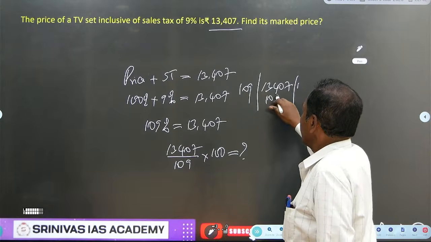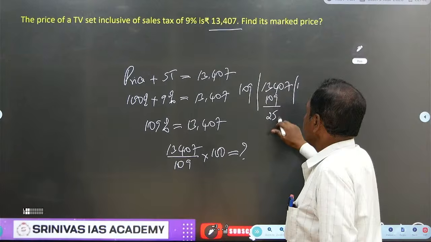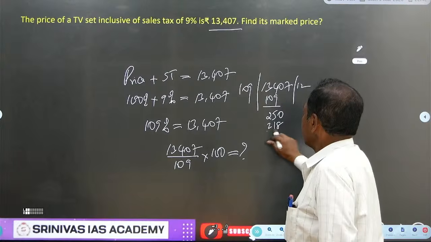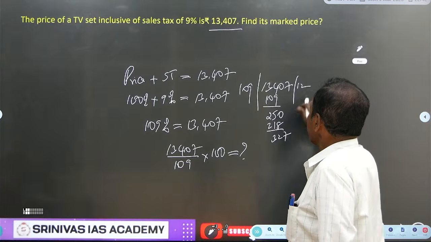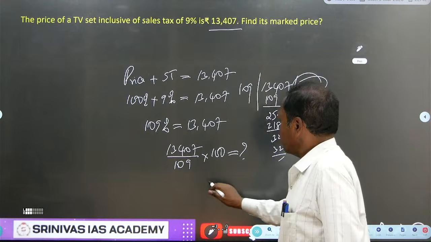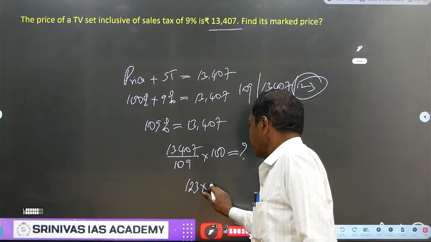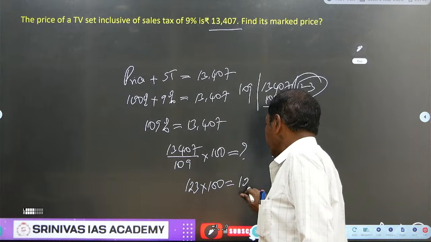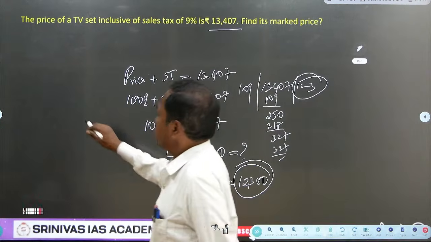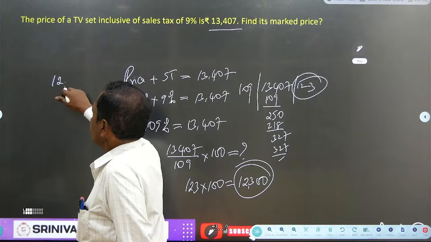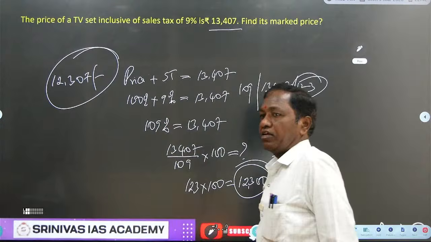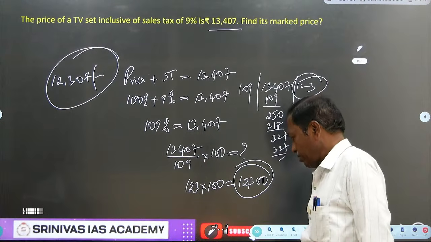One time you can take 109, 25 is the remainder. Take 0. 2 times you can take 218. So 32 and 7. 3 times 9s are 27. Clear. 123. 123 into 100. 123, 2 zeros, 12,300. Option. What solution? 12,307. Right. That's the thing.